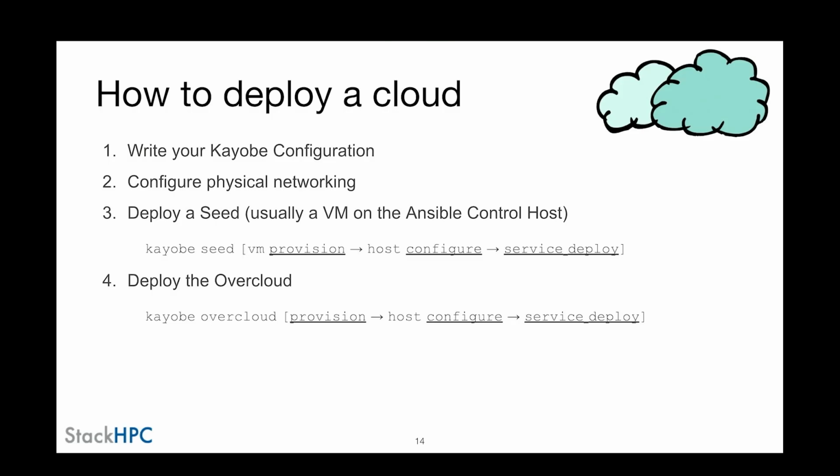So this is setting up networking, this is installing packages, everything you need to be able to run Kolla Ansible on the hosts. And then we do a service deploy, actually using Kolla Ansible to deploy the containerized OpenStack. And then finally, I think the most important step is go for a drink, recover from all the time and the late nights working on it.